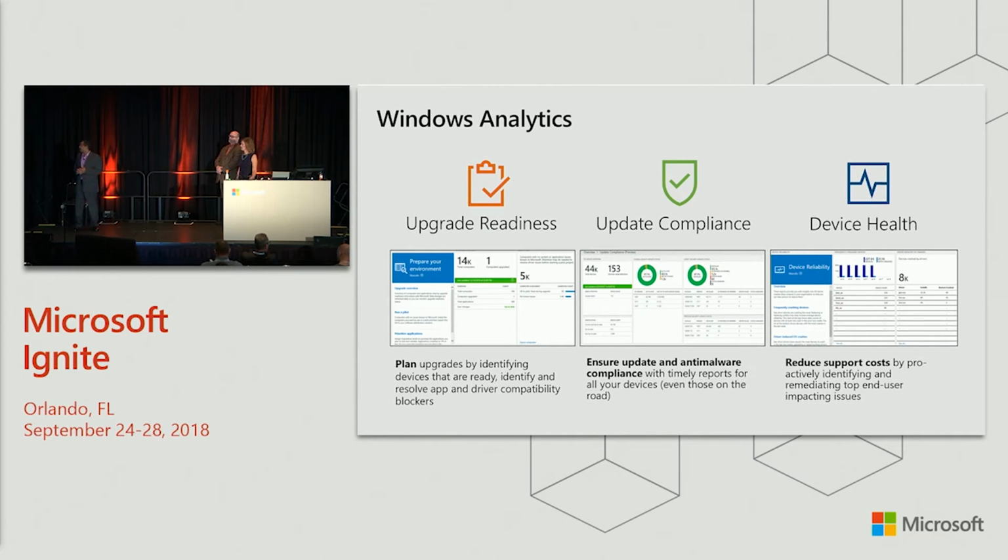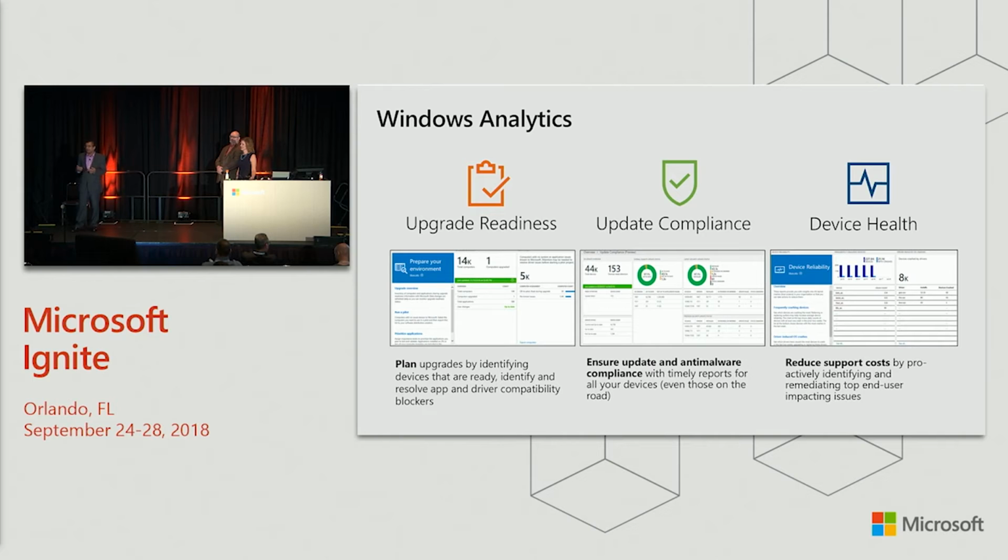The other 2 solutions, update compliance and device health, are intended for you to use when managing Windows 10 on an ongoing basis. Of course, you can use upgrade readiness even to upgrade from one version of Windows 10 to the next, but like I said, it is the only feature which can be used for pre-Windows 10 versions.